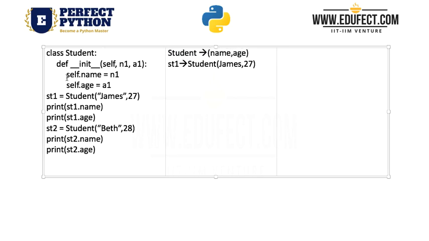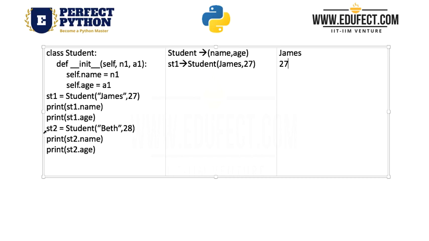These are the two attributes of the class student, and for st1, which is an object of class student, the values for these attributes are James comma 27. So when we say print st1.name, what will get printed is James, and when we say print st1.age, what will get printed is 27. Notice in this case we have used the constructor to initialize the values.